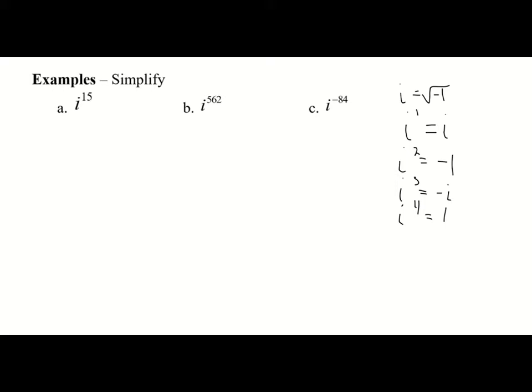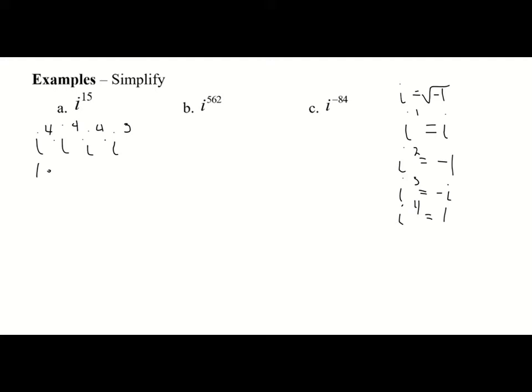So like I have i to the 15th power here. I can break that down and rewrite it as i to the 4th power times i to the 4th power times i to the 4th power. And those 3 4s, when we add them together, give me 12, times i to the 3rd power. Now, the reason I did this is because I know every time I have i to the 4th power, that equals 1.